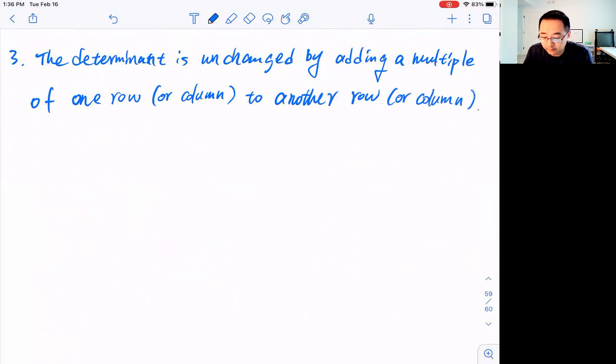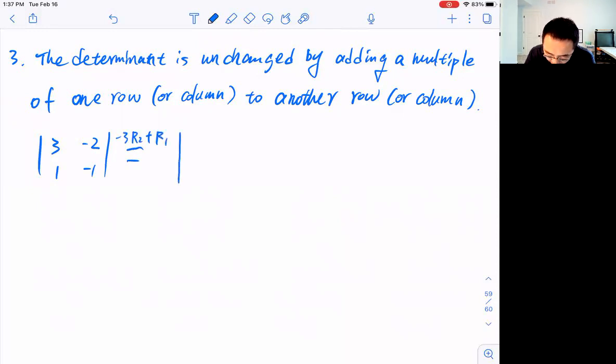Okay, for example, if you have 3, -2, 1, and -1, and the determinant of this is the same as, if you want to make it a little bit easier and get a 0 out of this matrix to make your calculation easier, you can do -3 times row 2 added to row 1. If you do that, it becomes 0 and 1, and 1 and -1, right?